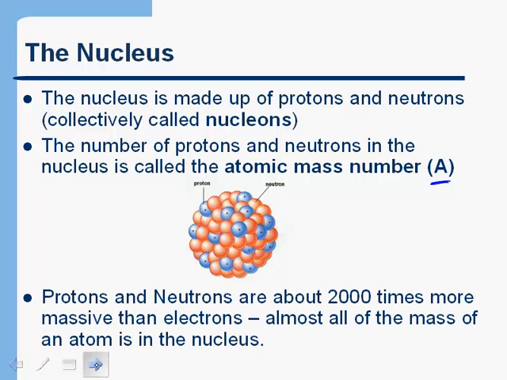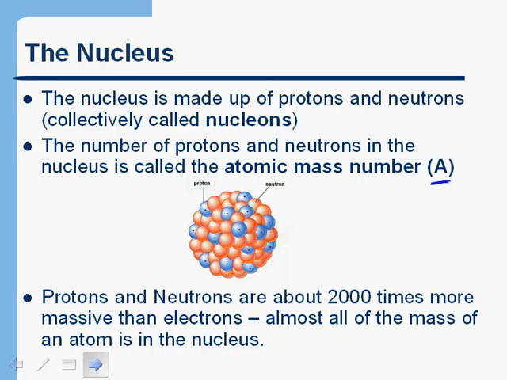One of the things that we've already talked about is the fact that the nucleus of an atom is very, very small, that atoms are mostly empty space with the electrons buzzing around in what's essentially empty space, and then the nucleus being located in a very small space at the center of the atom.